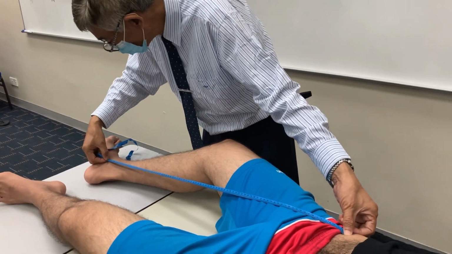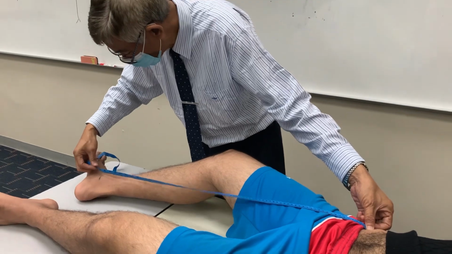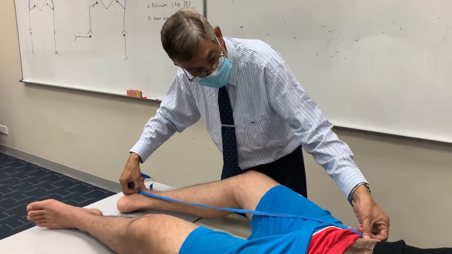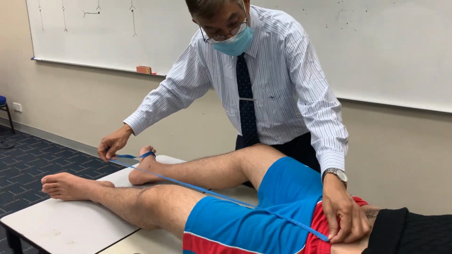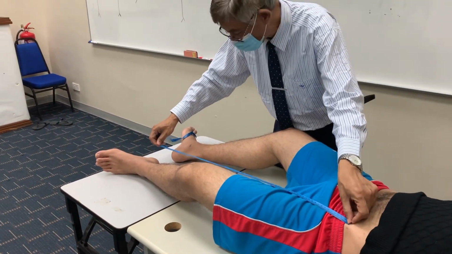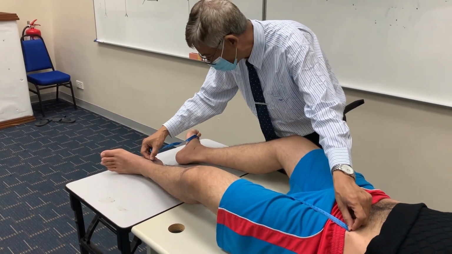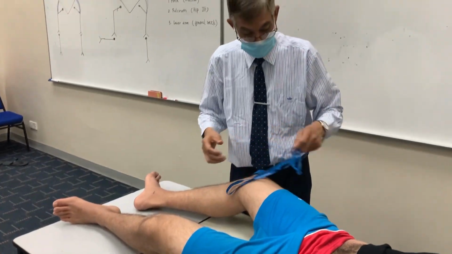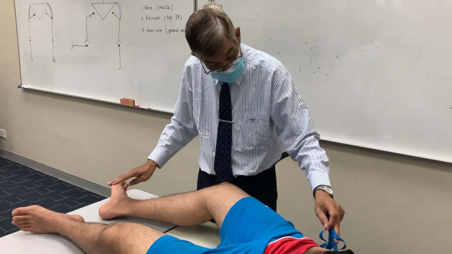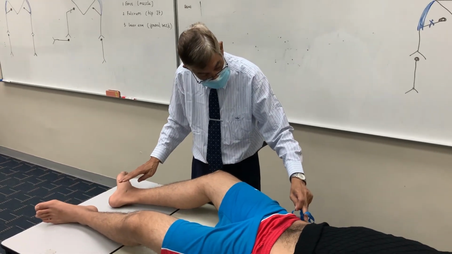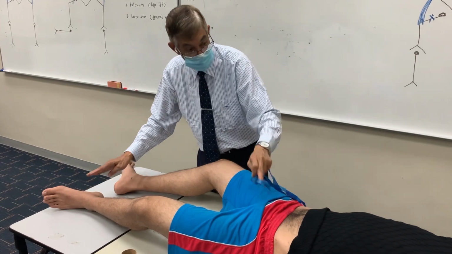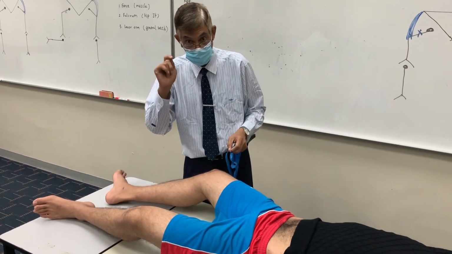Normal side, 82. On the abnormal side, from the anterior superior spine to the medial malleolus, 80. So the real length on the normal side is 82 and on the abnormal side 80. You have to note down.